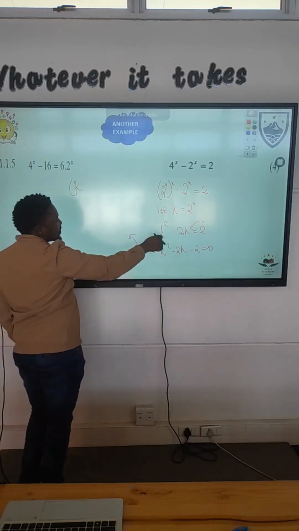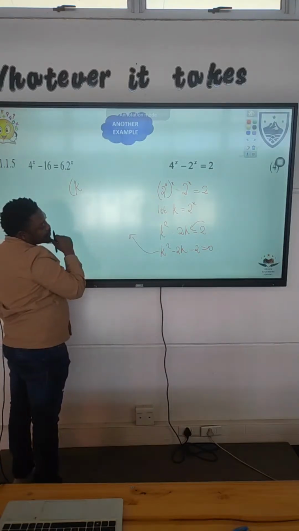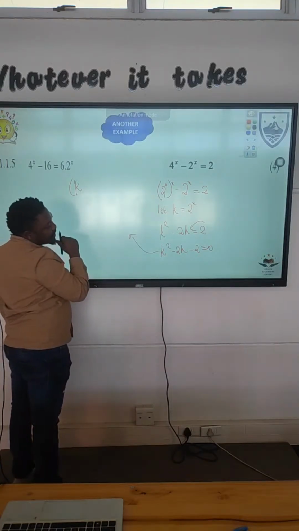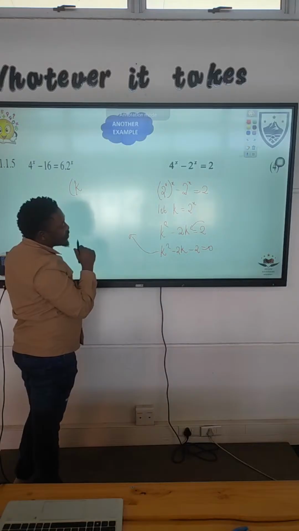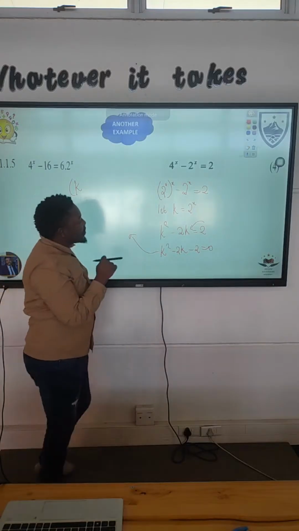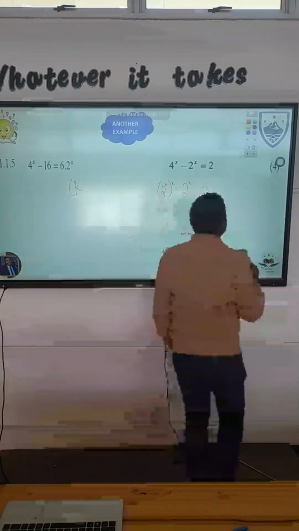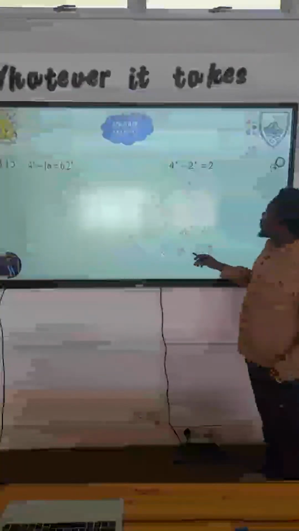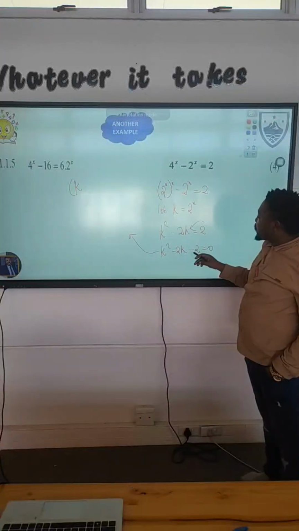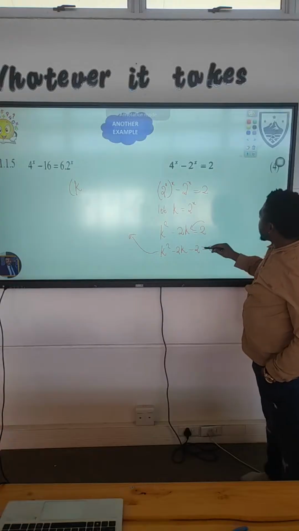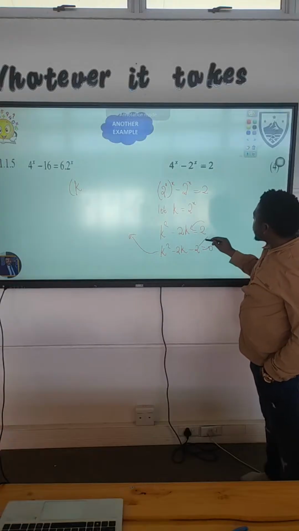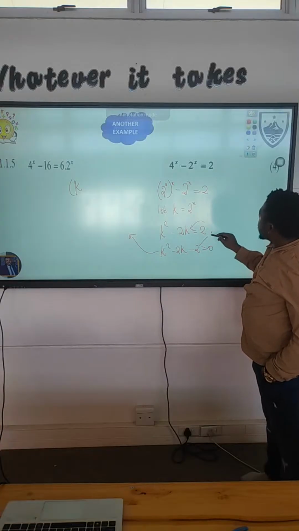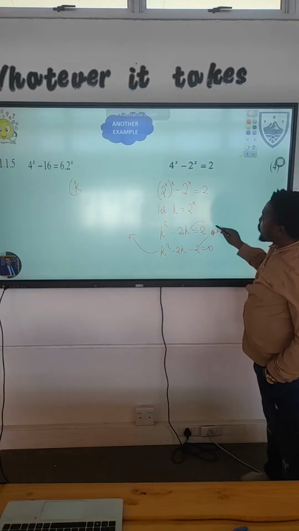Can we factorize this? Which is a negative 2 multiplied by a negative 1, and we are not going to be able to factorize that. Do we have factors of that? We don't have the factors of that. Factors of negative 2 will be negative 2 and negative 1. These are the only factors that we have. It's negative 2 and 1.